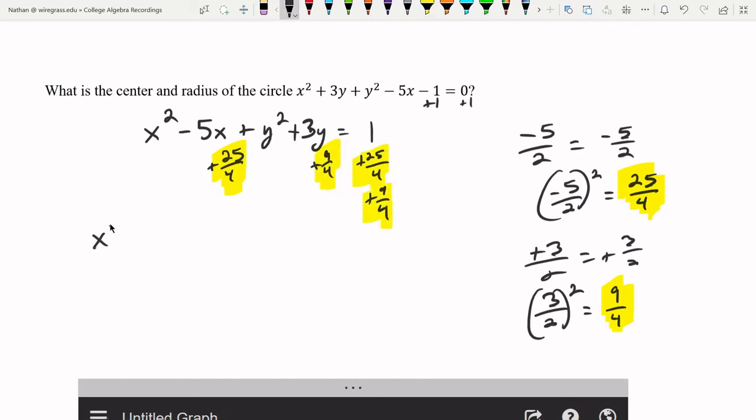Okay, it's going to give us x squared minus 5x plus 25/4. And then 25/4 plus 9/4 is going to be... well, 1 is the same thing as 4/4 here. So we got 25 plus 4 plus 9. That's going to be 13 plus 25. So 38/4.